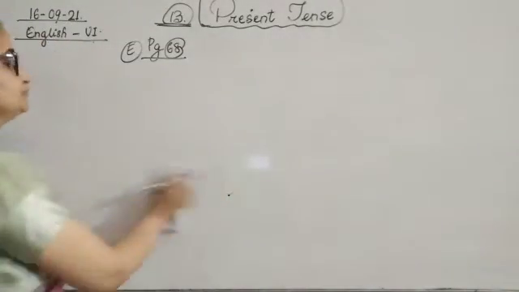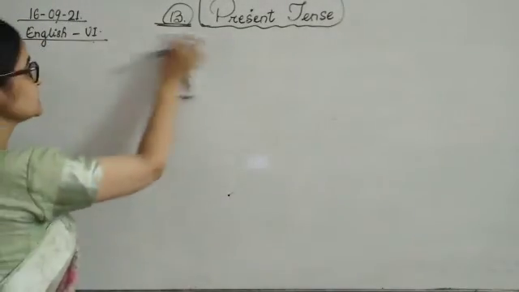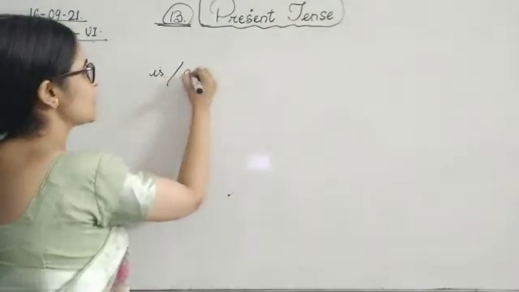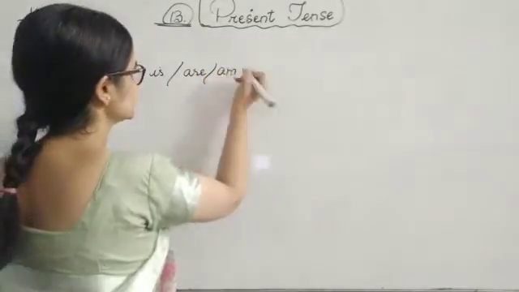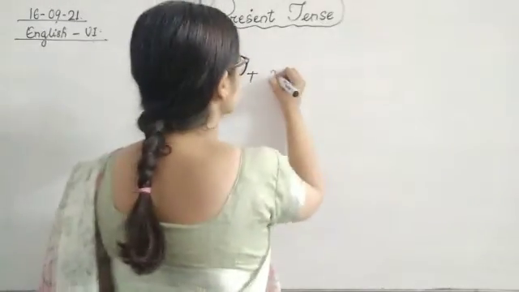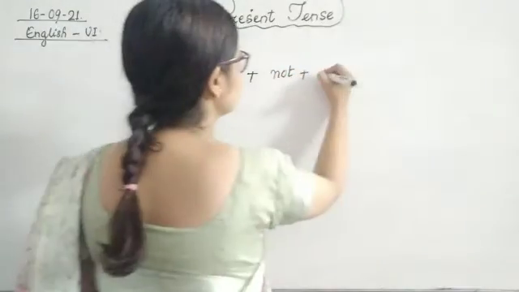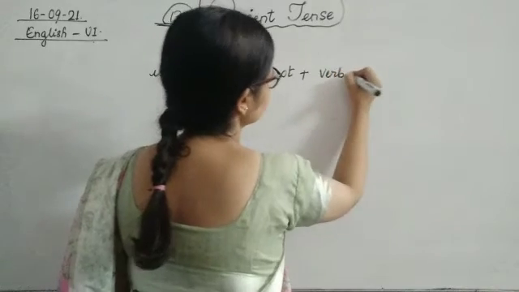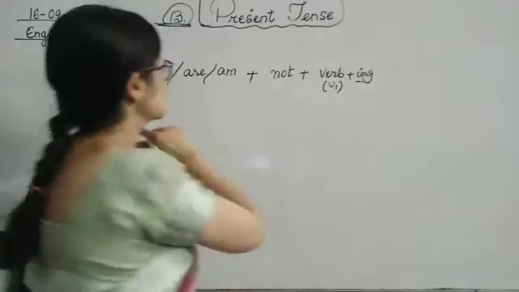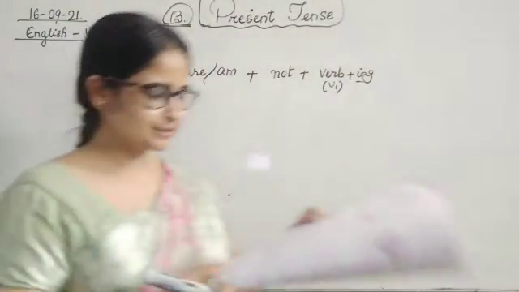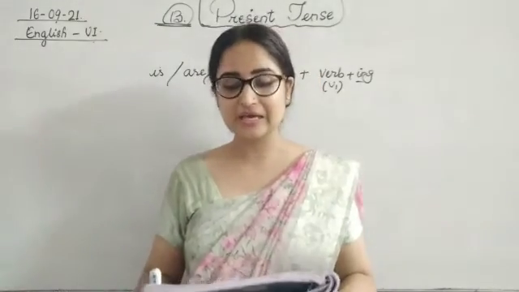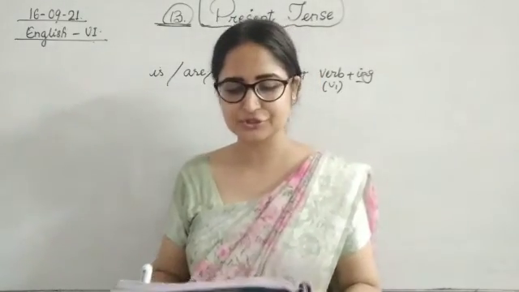Now, you are going to use is, are, according to the person and subject, and after the auxiliary you are going to add not, and then add the verb ing form, the first form of the verb and ing. So this will be your structure, syntax. Now let's see. She is not drinking tea. He is not exporting spices to Dubai.